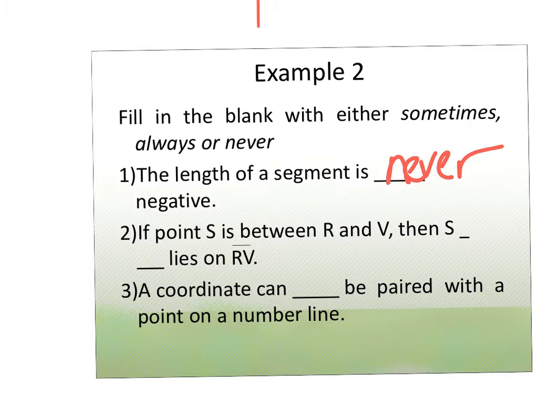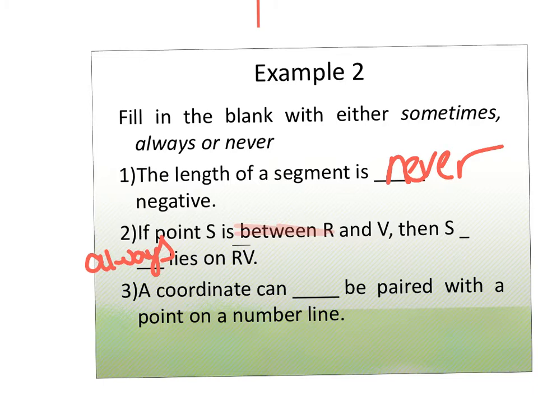All right, next one. If point S is between R and B, then S always lies on RB because of my word between. If the word between wasn't there, it wouldn't be always. It could be sometimes. So this one is always.